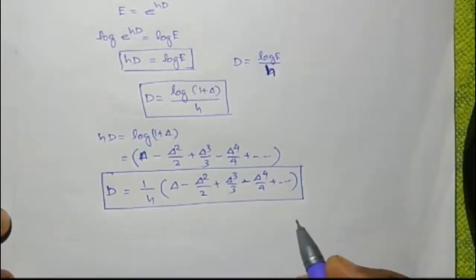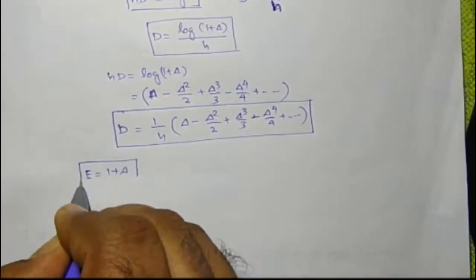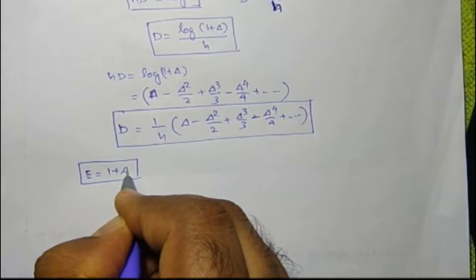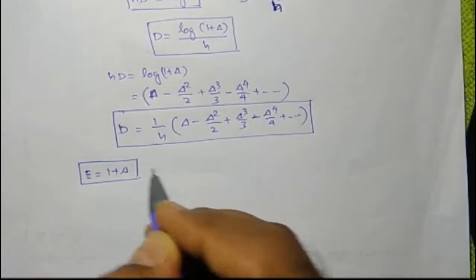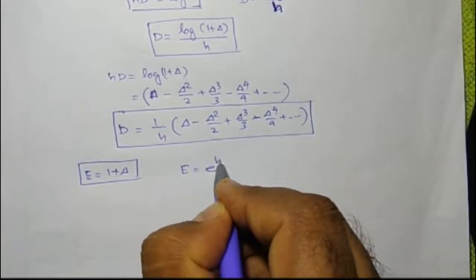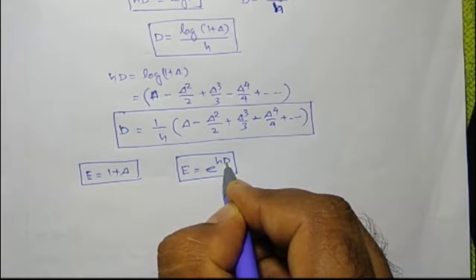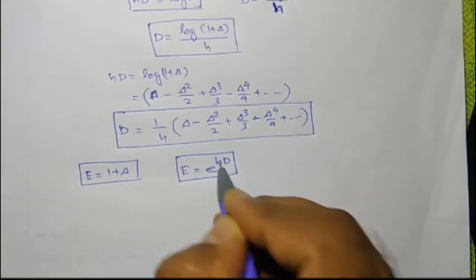These identities give the interrelationships between the operators. We may summarize the results so far as E equal to 1 plus delta. E is the shift operator and delta is the forward difference operator. Then we have another relation E equal to e raised to hD, where D is the differential coefficient operator and h is the interval of differencing.